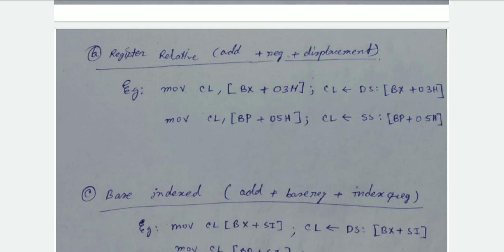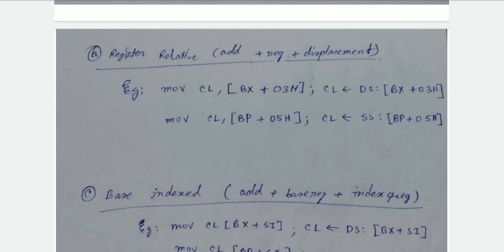How do you get the data from 3005? We just write BX plus 05 hex, and you get the data from the 3005 location as you initialized BX with 3000.